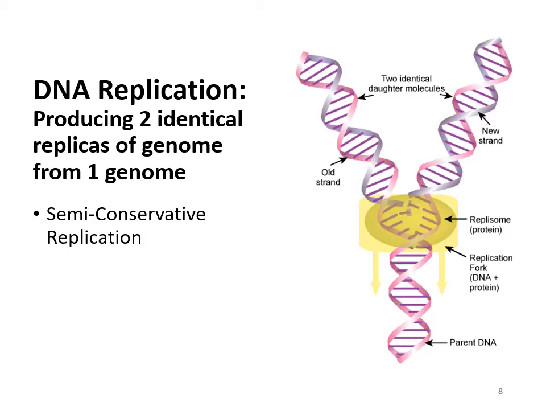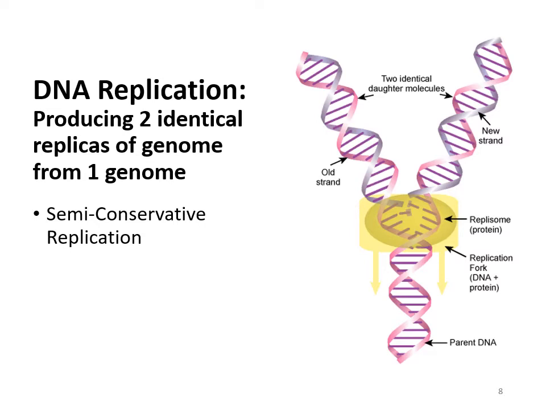Well, it means that the original DNA is partially conserved, because in DNA replication, both strands will now serve as templates for the new DNA strand. So each of the daughter DNA molecules will have one strand that's the old original DNA, and a second strand that is then the newly built molecule. So that's why it's called semi-conservative.